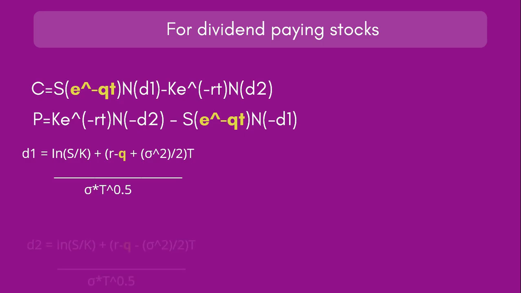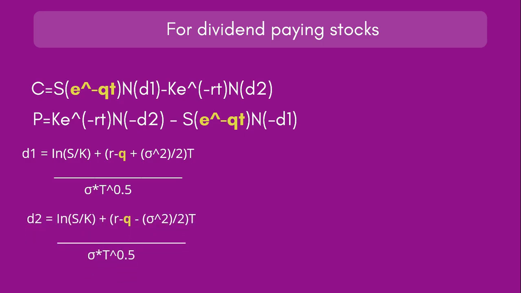Now q is nothing but dividend, right? So in d1 also you'll find q, in d2 also you'll find q, and this is how the formula looks for a stock that is paying dividend. Now you can use this formula even for a non-dividend paying stock. For a non-dividend paying stock, we just replace q by 0 and the formula would still be the same.